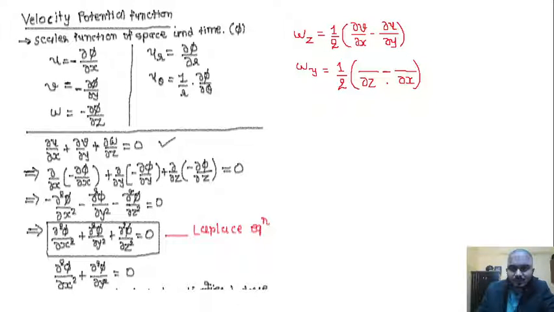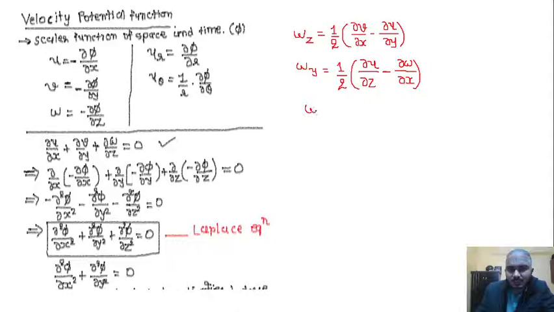Now here we need to put a velocity component which is perpendicular to this, so it should be del u, and here it will be del w.